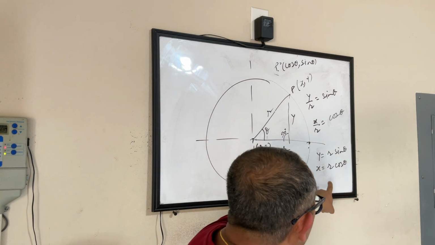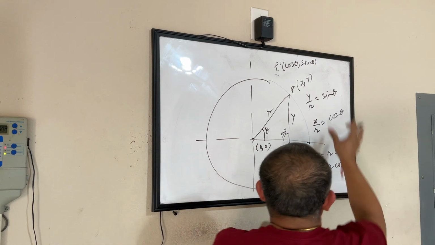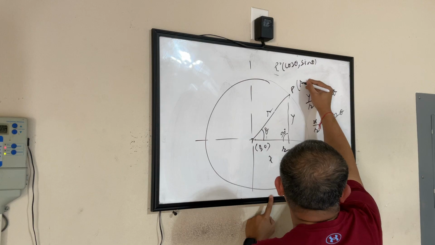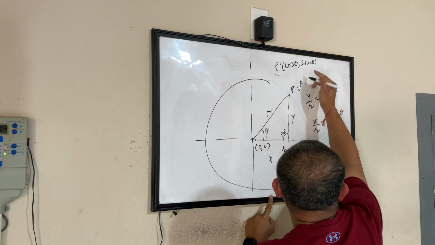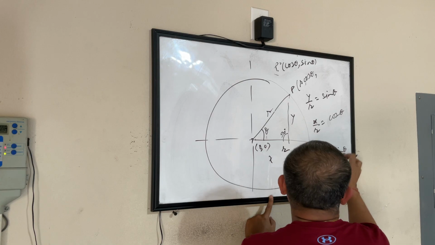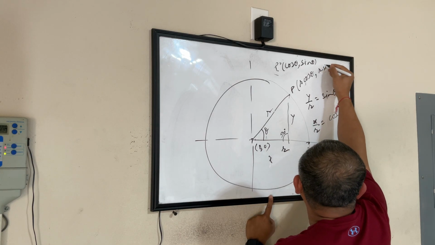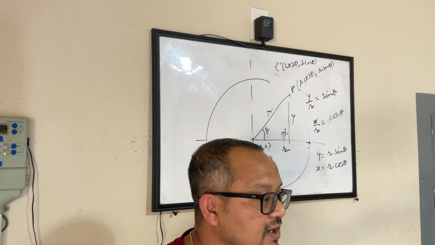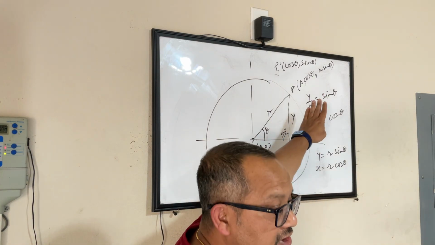So here my x value I can replace with r of cos theta, and y value I can replace with r of sin theta. So this is a more generic form of a circle theorem. This is not a unit circle theorem.